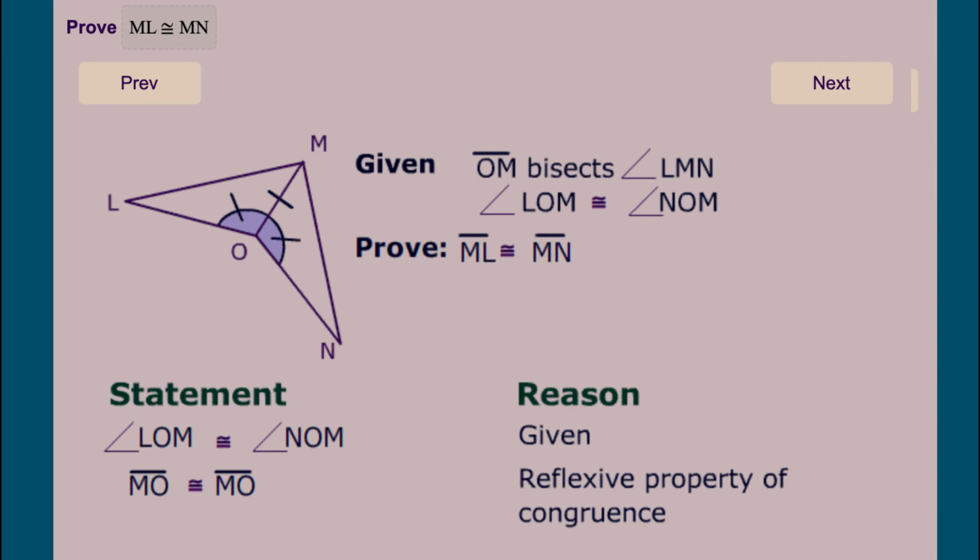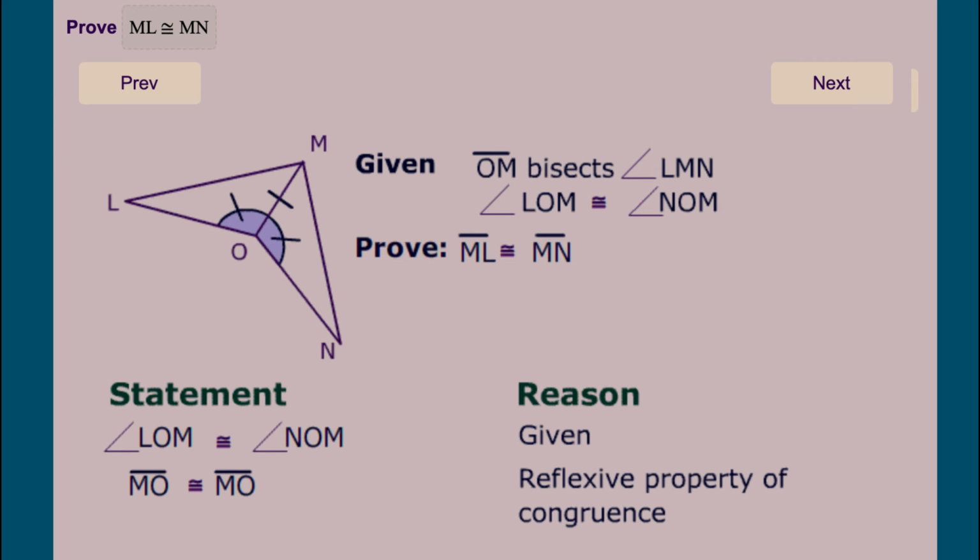Now, if you look at the diagram, it's being marked up each time that we go ahead and make a statement. So this way, it starts to help us to see visually which of those triangle congruencies I can start to think about using as I'm marking my diagram.